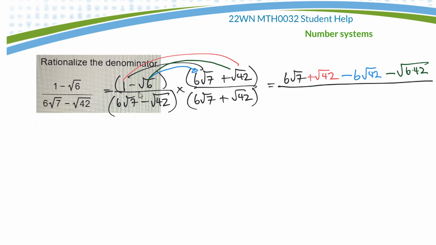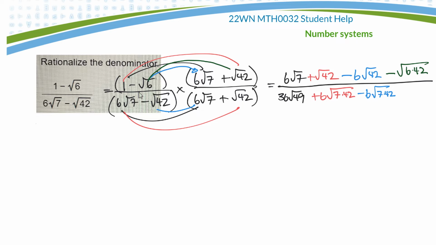We'll FOIL all these things now. So this times this will be 36 root 49. This times this will be plus 6 root whatever 7 times 42 is. And then this times this is minus 6 times whatever 7 times 42 is.